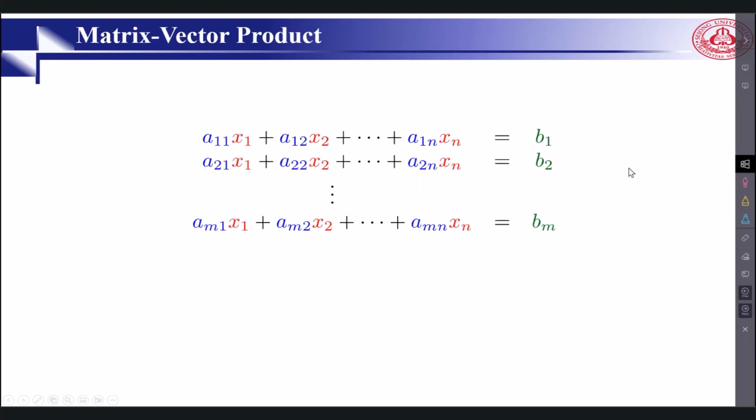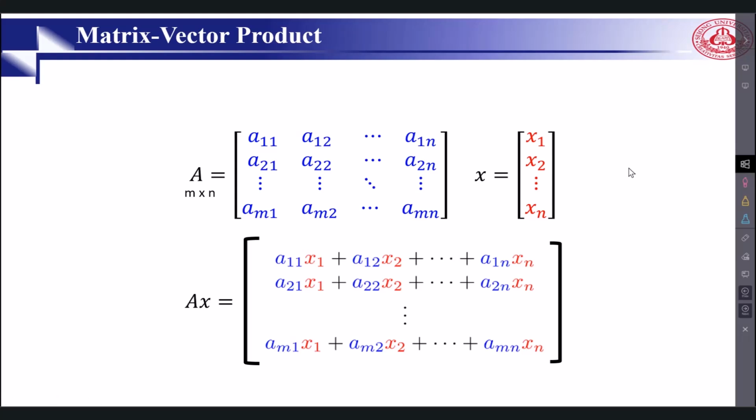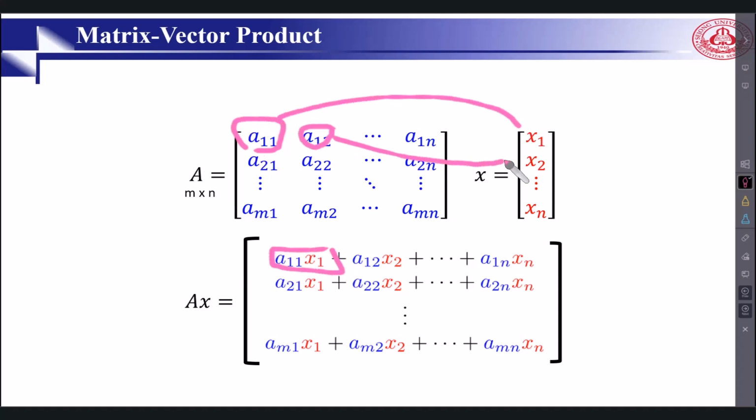Matrix and vector product is the next topic. So here we have a matrix, and the matrix is A, n by n. And here we have a vector. So multiplication is A11 multiply x1, A12 multiply x2, and up to A1n multiply xn. This comes to the first row.